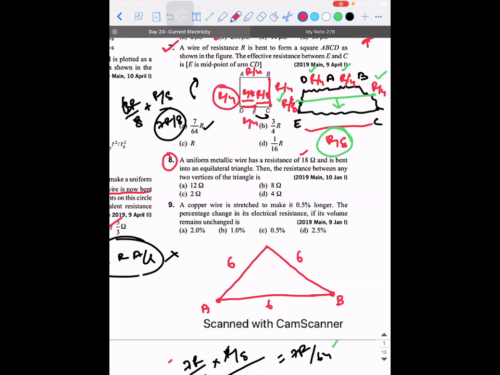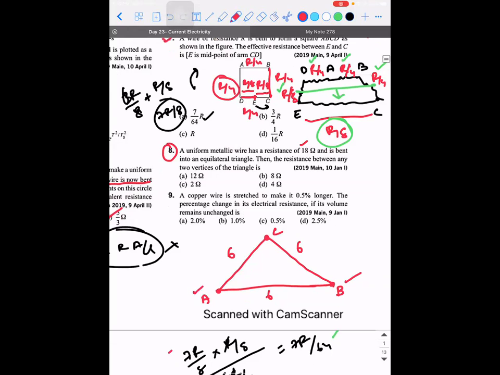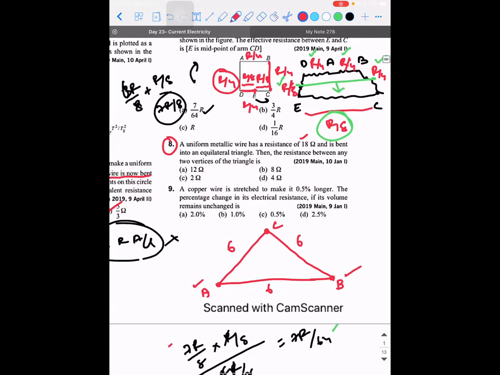I want to find the resistance between A and B. 6 and 6, 3 3 into 6, 18 by 9, 2 ohm. Okay, but you didn't understand the logic. The two 6s are in series, so 12. 12 into 6, 72 divided by... I'm sorry, I'm wrong.